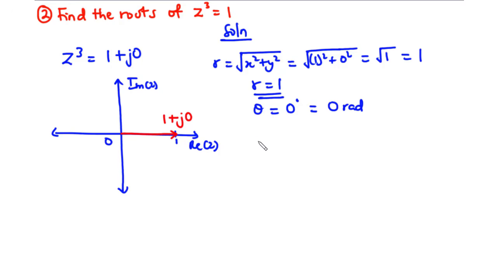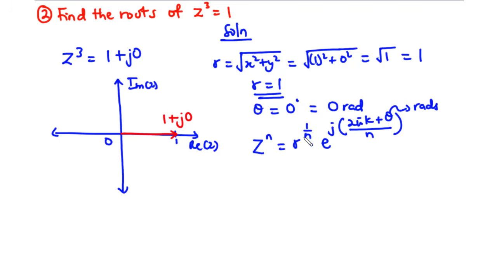So now using the formula, z exponent n equals r exponent 1 over n times e exponent j into bracket 2 pi k plus theta all over n. Always remember that the value of theta in this equation is in radians.